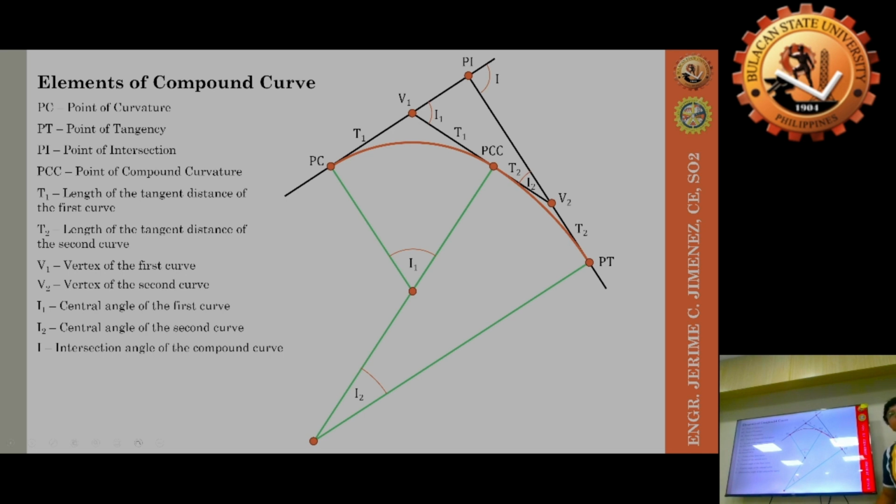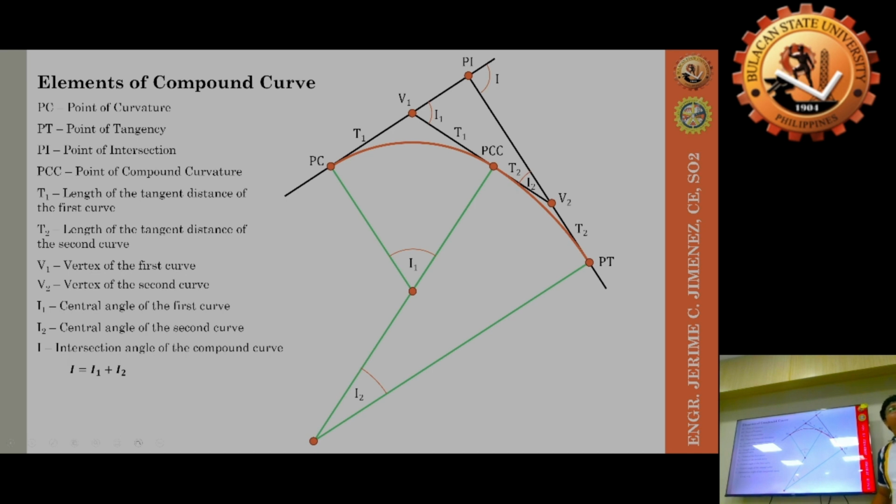Okay, ngayon, introduce natin yung very basic na formula. Pero hindi na ako mag-derive, no? So, ang intersection angle natin of the compound curve, which is yung I, will be equal to I sub 1 plus the I sub 2. Okay?